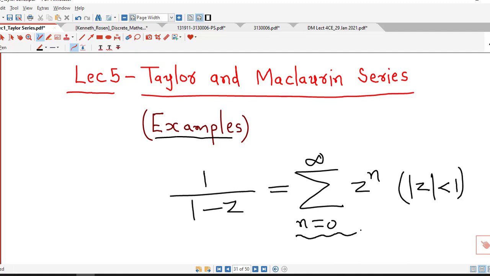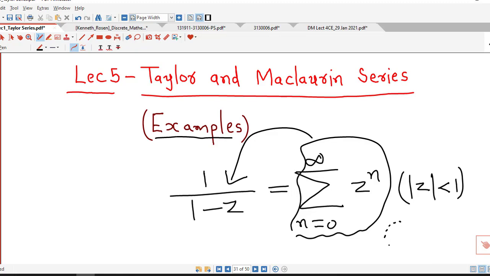That means the series on the right hand side converges to this function for all values of z which are in the open disk with center 0 and radius 1.